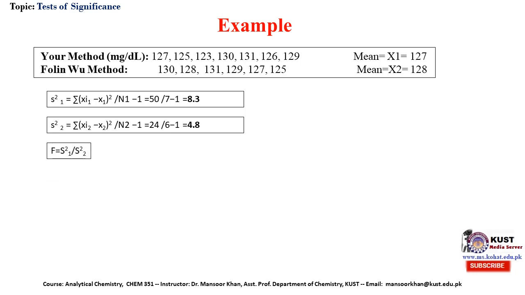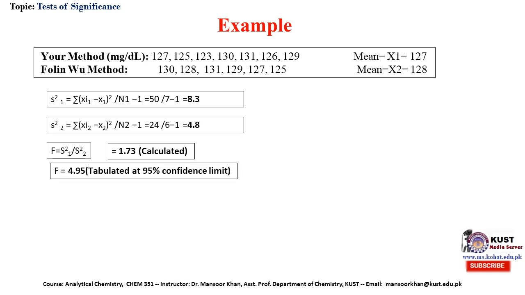As we know, F is equal to the variance of your method divided by the variance of the accepted method. Now putting in the values, we obtain the F value, which is equal to 1.73 calculated. F tabulated, which is present in the textbook, is equal to 4.95 at 95% confidence limit.